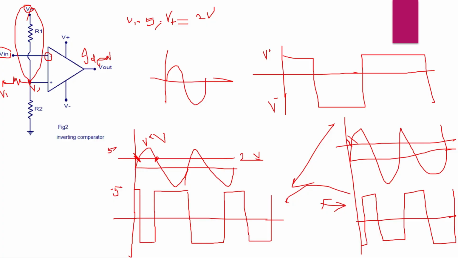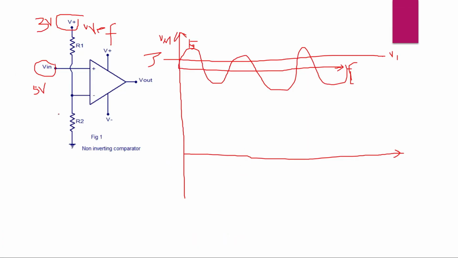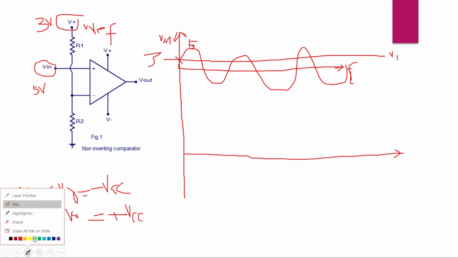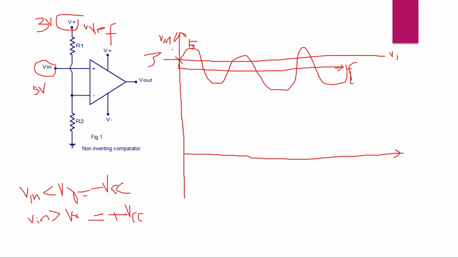If my V in is greater than my V reference voltage, then the output should be plus VCC. In such a case, I am marking some points here in different colors so you will understand better.